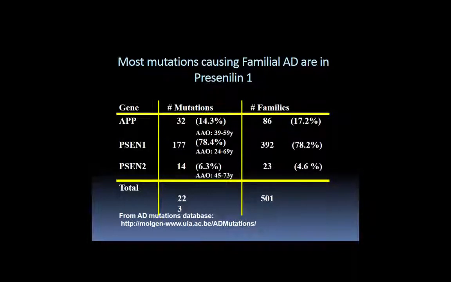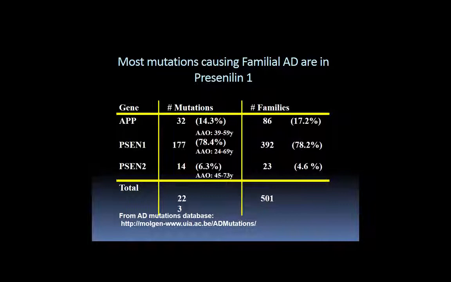Whether you do it by the number of families or the number of mutations, around 80% of these families or mutations are in presenilin 1. Then about another 15% are in APP, and about 5% are in presenilin 2.